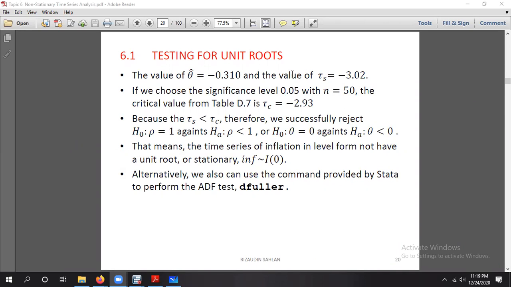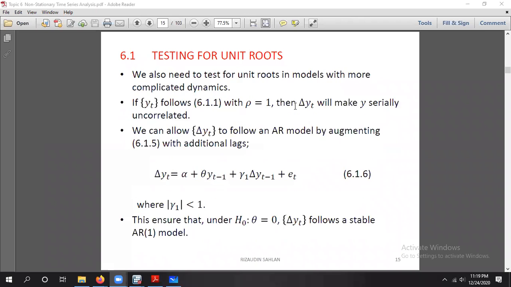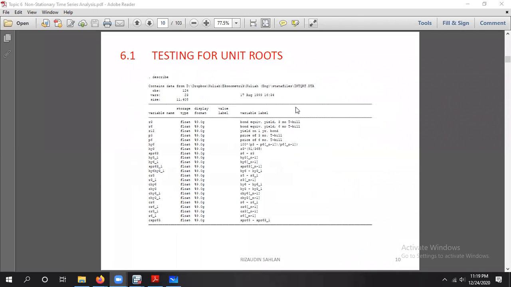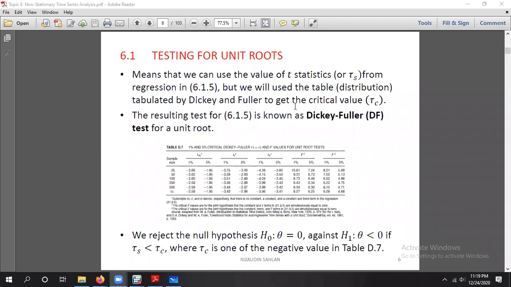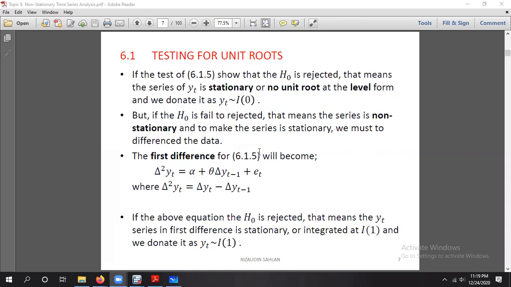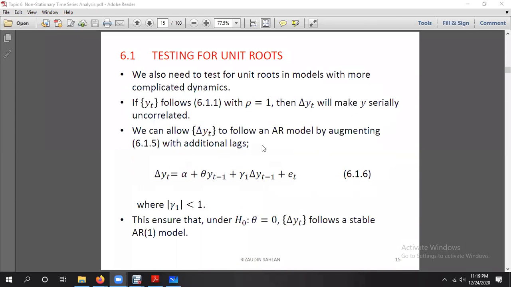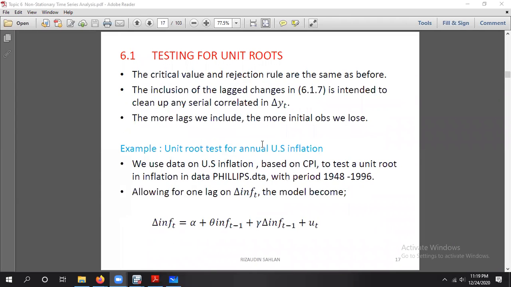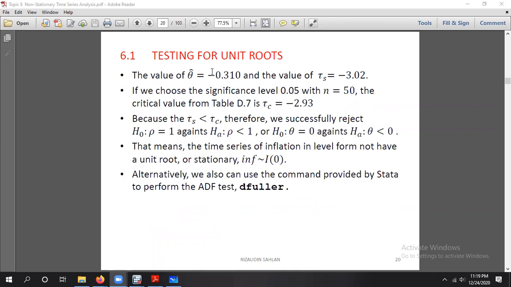Tau statistic for theta. Okay, negative 2.93 means that we pick the 5%. This one, 5%, negative 2.93. So the estimated value of the theta is negative 0.3.